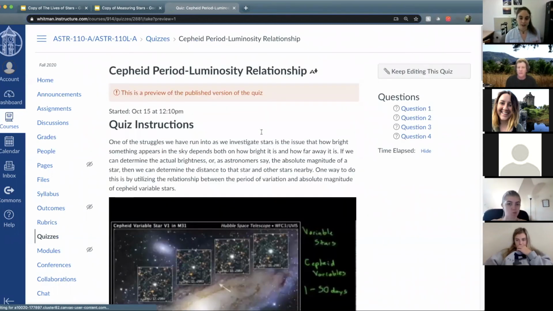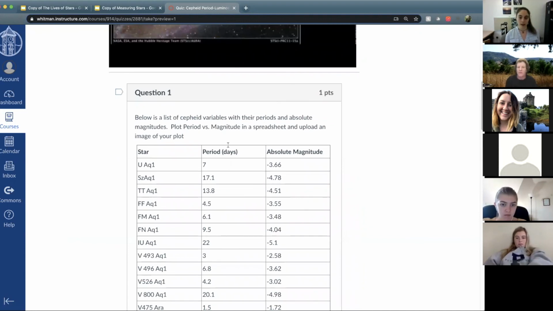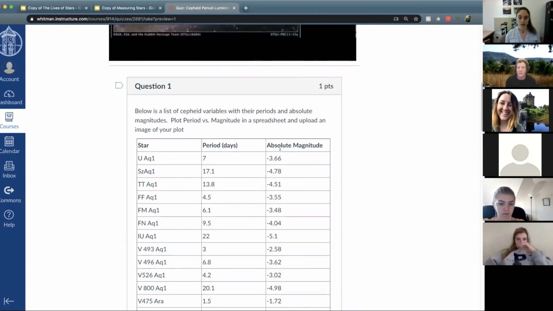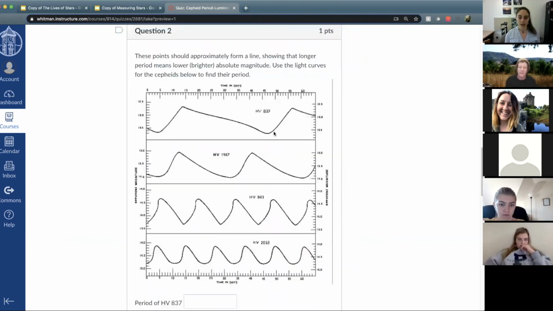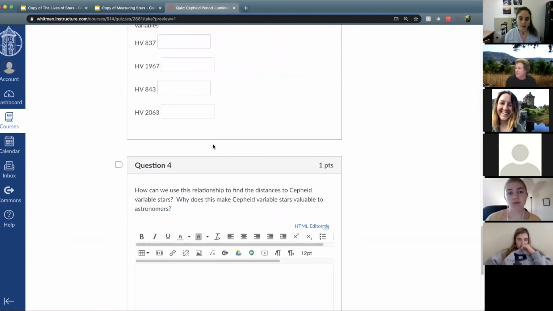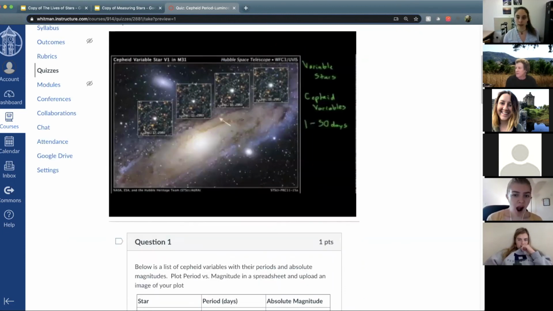There's a few questions like normal, but the main thing we're going to do, you're going to make a plot, which we've done a few times before, of period versus magnitude for some Cepheid variables. And then you're going to use that plot to estimate the magnitude of a few observations of Cepheid variables. So that's our in-class assignment for today.